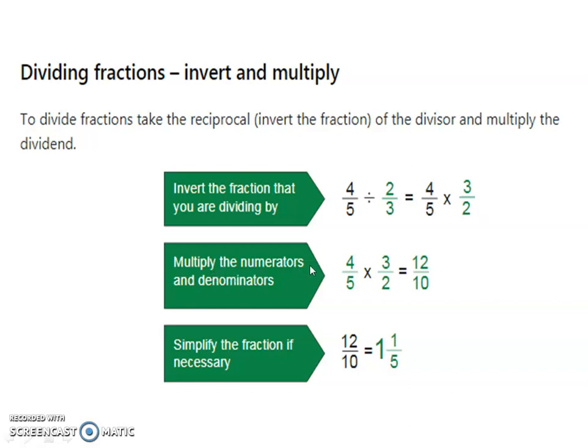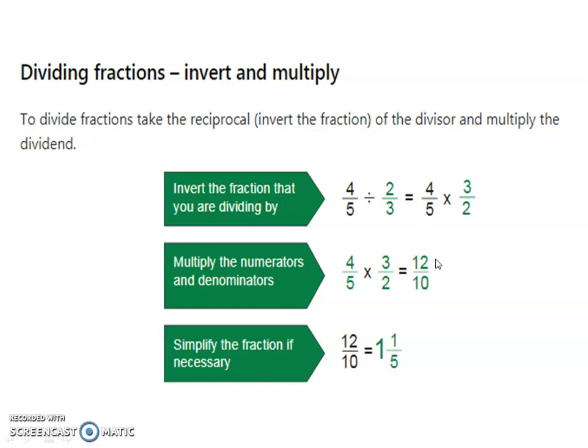Now multiply the numerators and multiply the denominators. 4 into 3 equal to 12. 5 into 2 equal to 10. So what is the answer? 12 by 10. You can see 12 and 10 can be cancelled using 2.